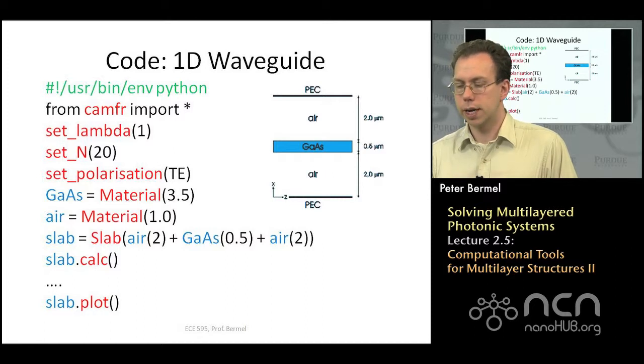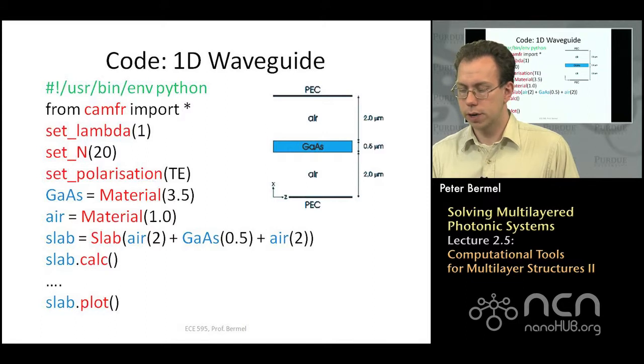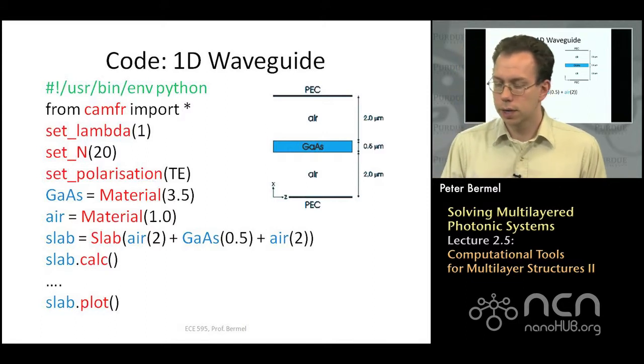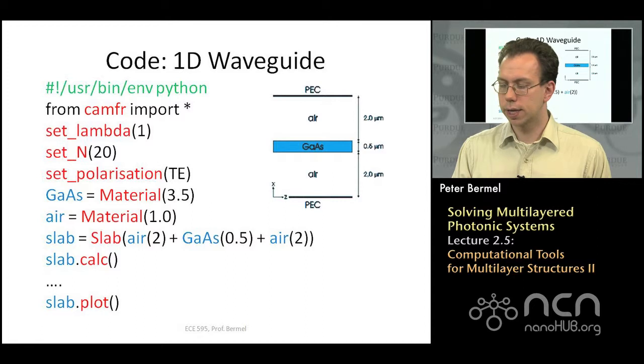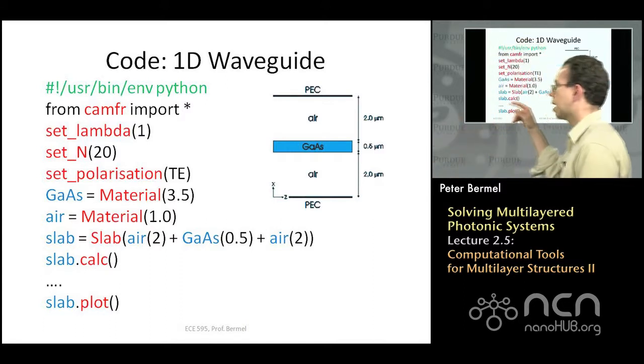So once you're able to get it installed, you would set a wavelength for the structure. Here it's just taken to be 1. That's arbitrary units. And then you allow up to 20 different modes, so set N of 20. And then you can choose the polarization that you care about, choose the materials that you want to include, and then you can stack them on top of one another using the so-called slab command.